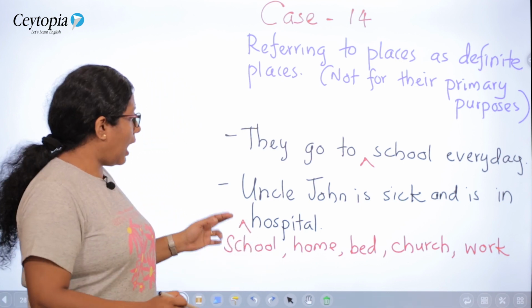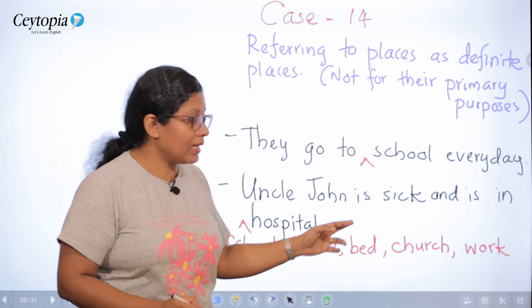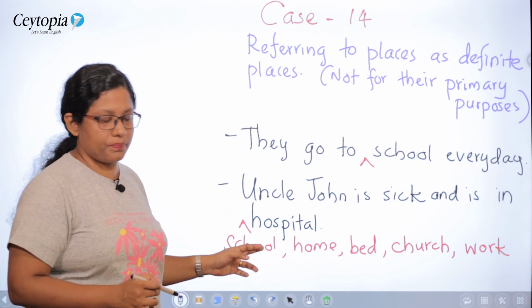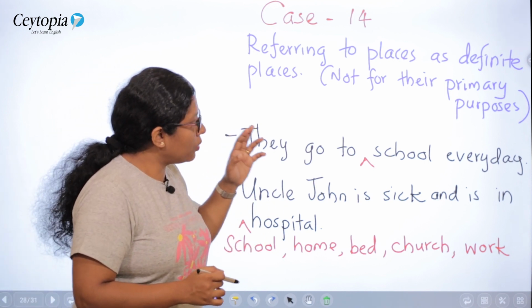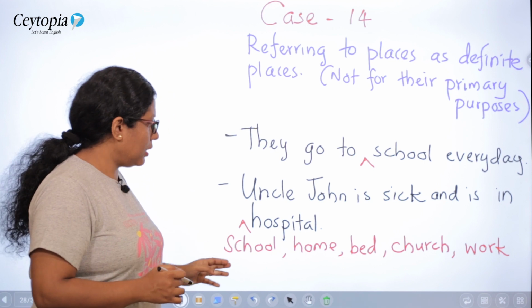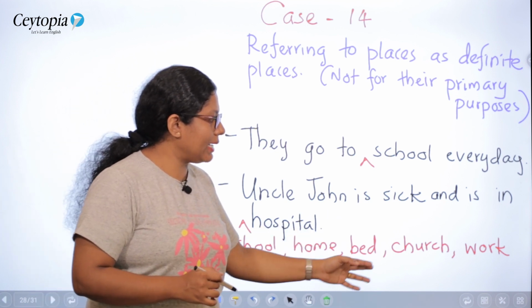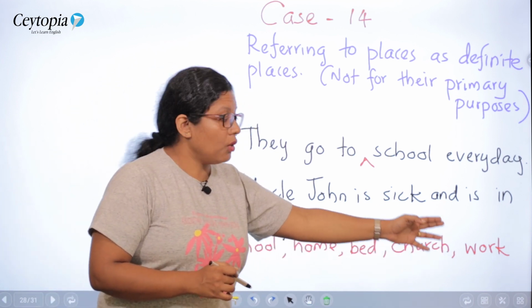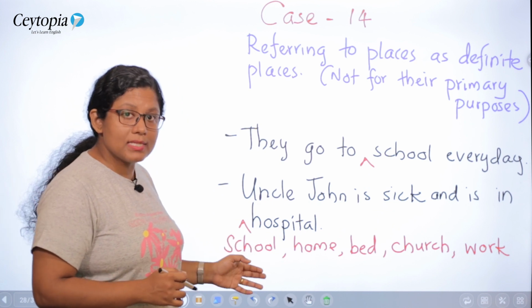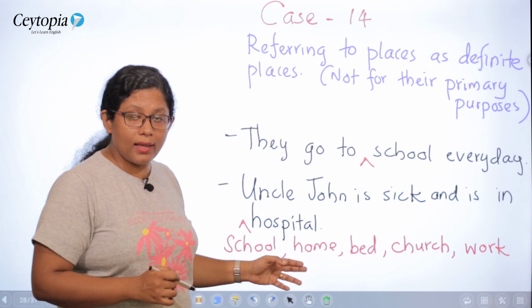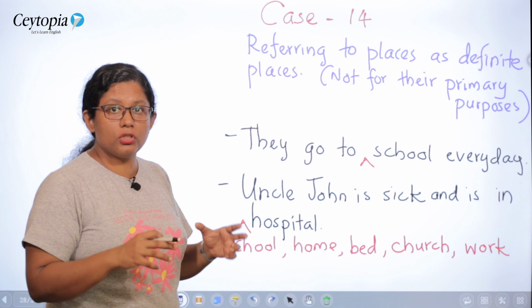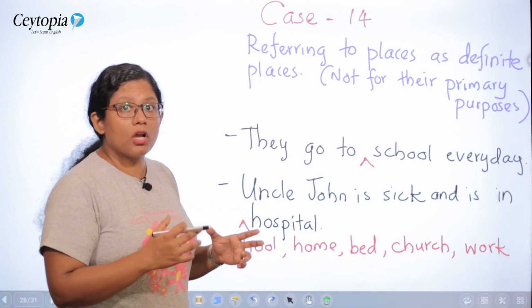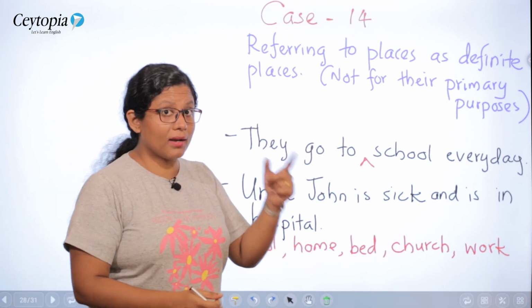You say Uncle John is sick and is in hospital. So there are certain words of this particular type: school, home, bed, church, work. With these words, with these nouns, you do not use the when you are referring to the usual purpose of going there. But there are exceptions.